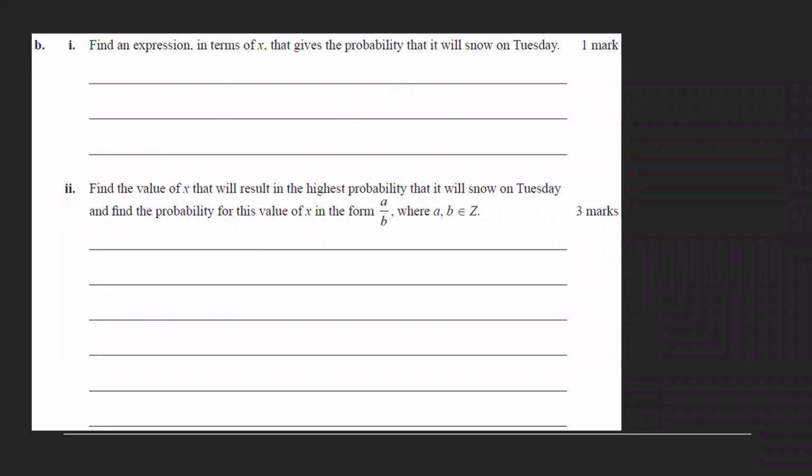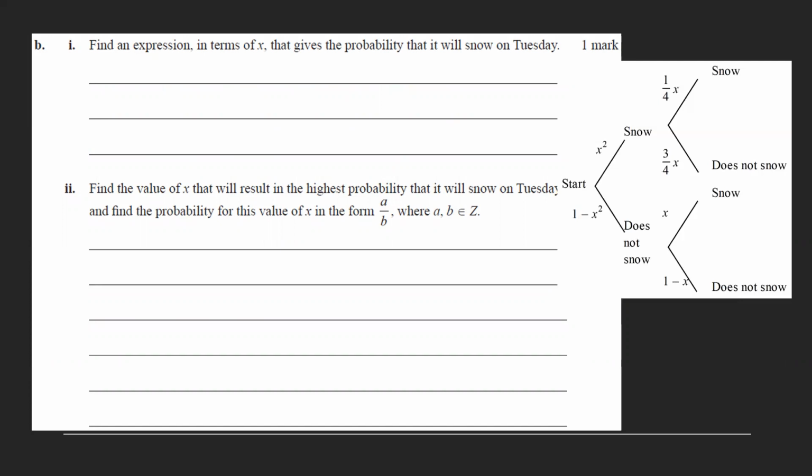Now, you need to find an expression in terms of x that gives the probability that it will snow on Tuesday. The implied message is regardless of whether it is snowing on Monday or not, from your tree diagram.